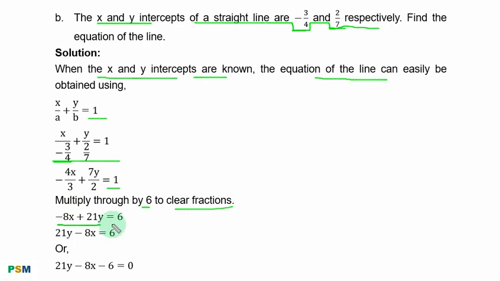You have this result, which can be written in this form, writing the number that is positive first before the negative number. You can as well transfer 6 to the left hand side, and you have 21y minus 8x minus 6 equal to 0.